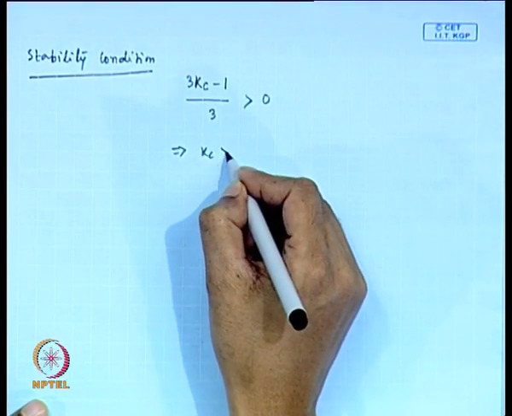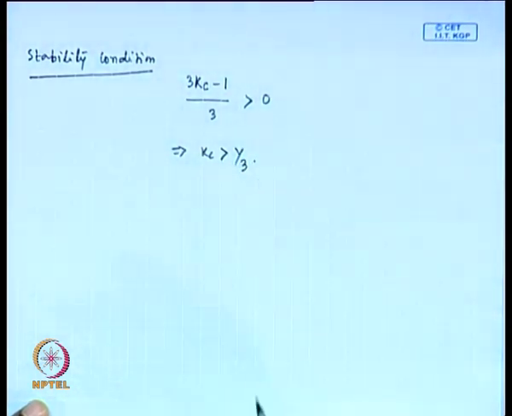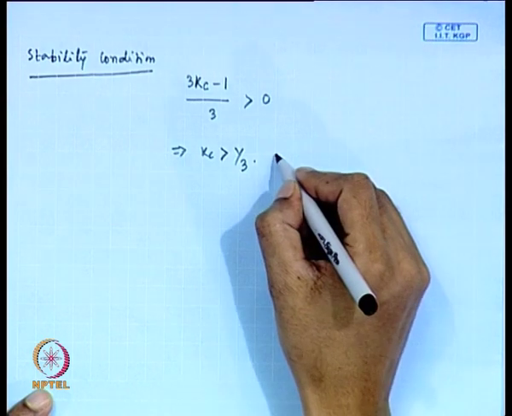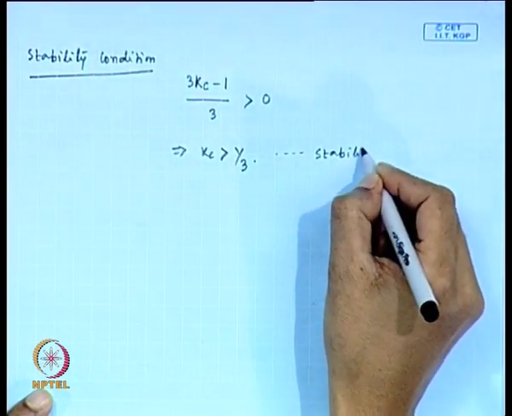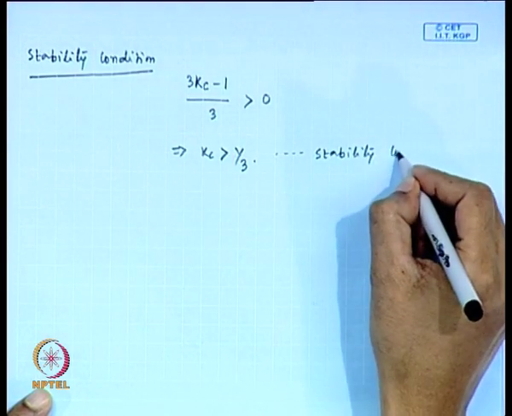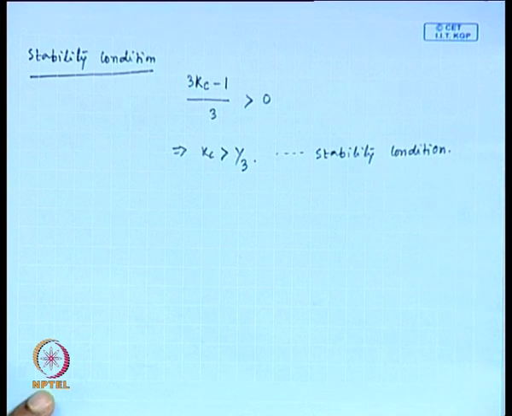So, from this we can find that Kc should be greater than 1/3. This is the stability condition. If Kc is greater than 1/3, then the closed loop system remains always stable.